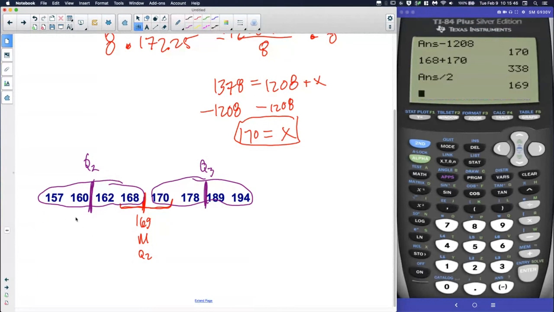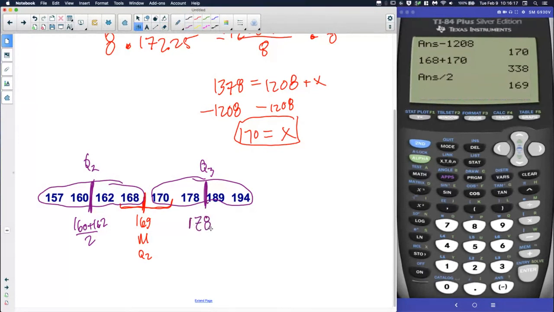Q1 is 160 plus 162 divided by 2. 178 plus 189, sorry, 189. That's why it's ugly, because it's wrong. Thanks for catching that. Just for that, I'm going to make it very beautiful, just for you, because I was trying to hurry up.